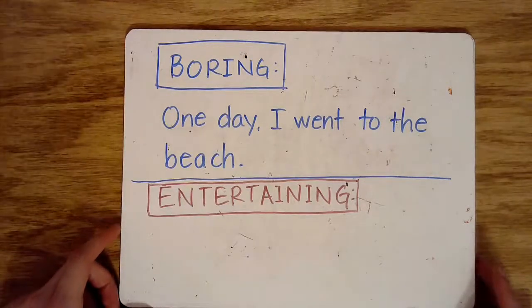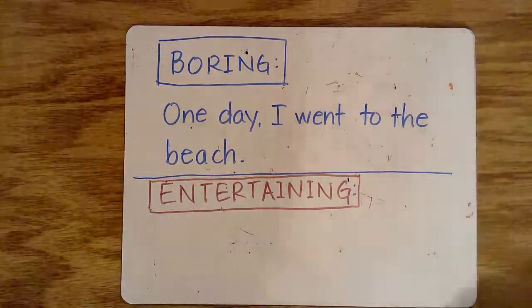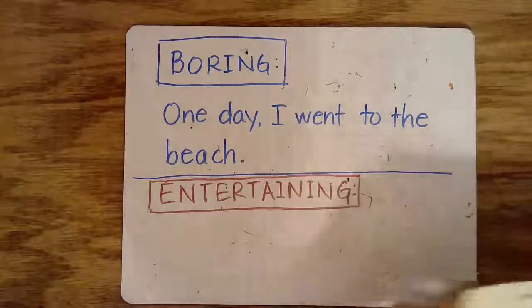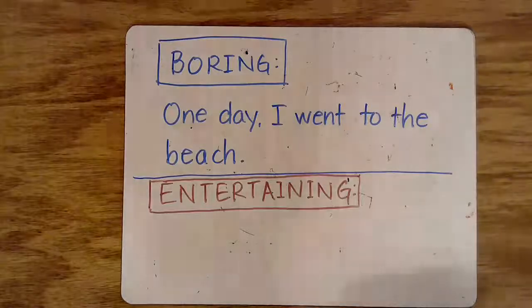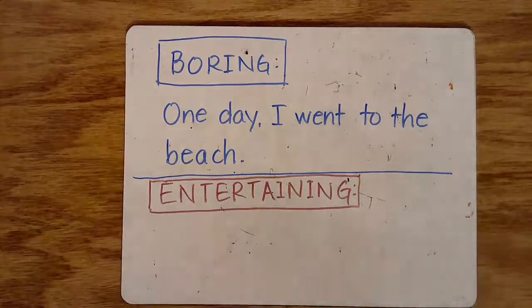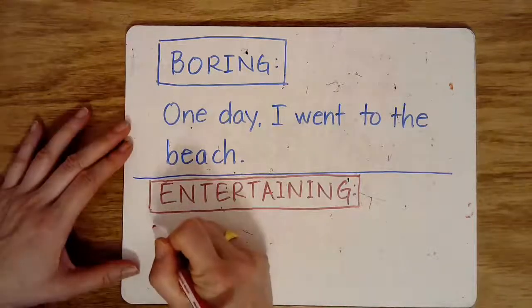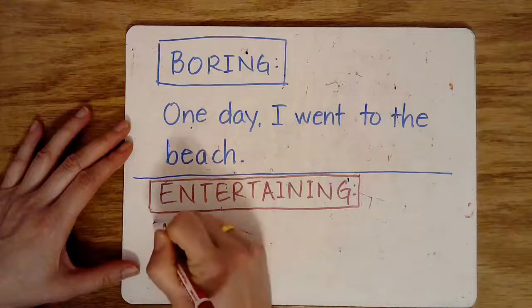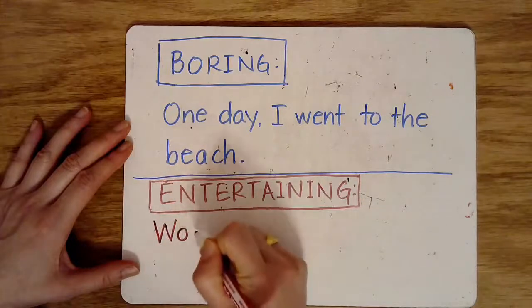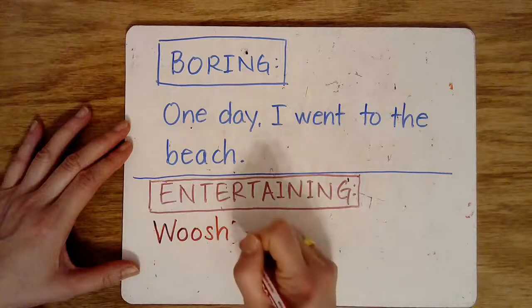Now that we know of our more interesting beginnings, we can start off, for example, like this. I can start with a sound effect. How about that? So I have to think in my imagination, what is it that I would hear at the beach? Because I want sounds from the beach.